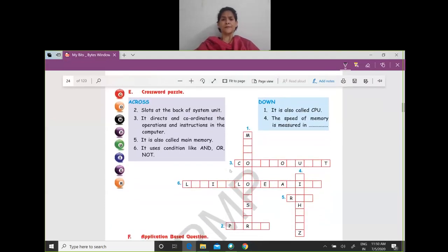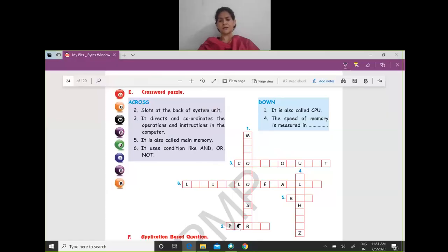Crossword puzzle. Slots across number 2, slots at the back of the system unit. That is number 2. Number 2 is here. We are going to write ports.